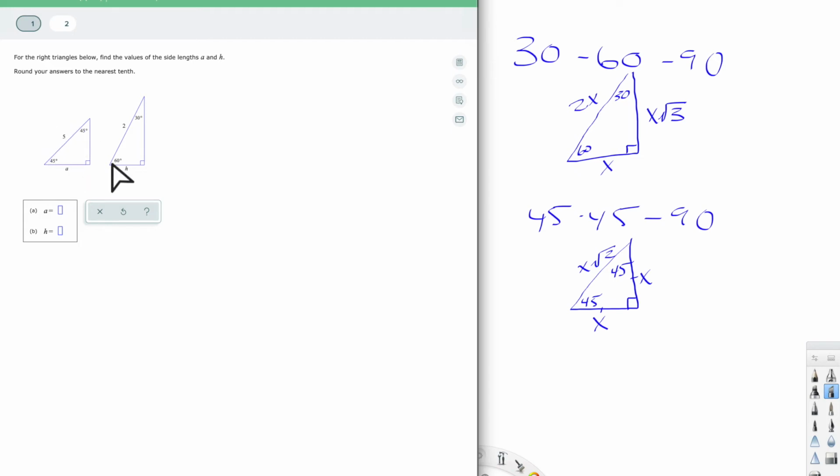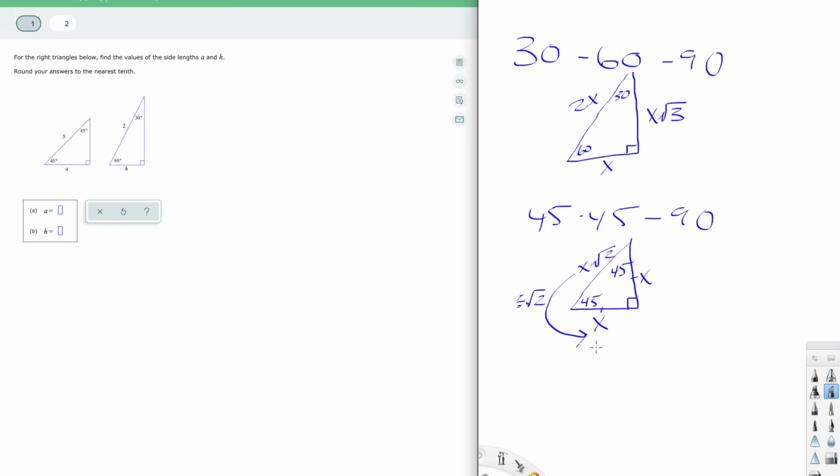I can just go, okay, well, this is 45, 45, 90, so I'm going to look here. And if I have x square root of 2 equals 5, to go from here to here, I'm dividing by square root 2, because the square root 2 goes away. That means I'm dividing by square root 2.